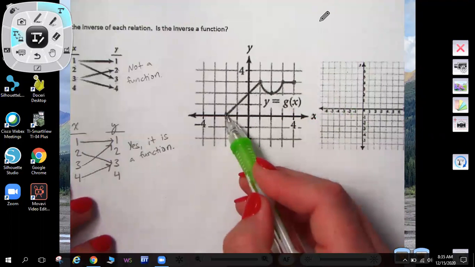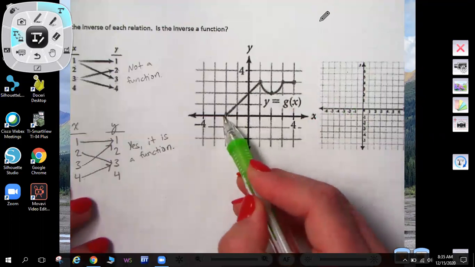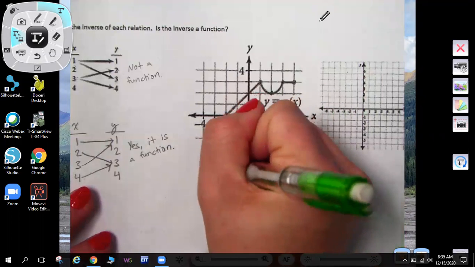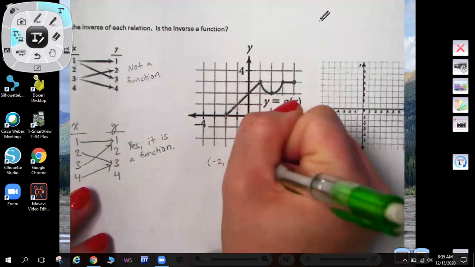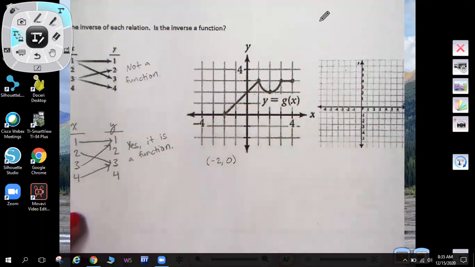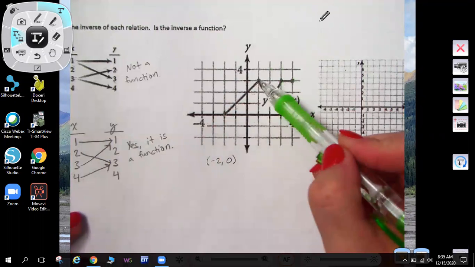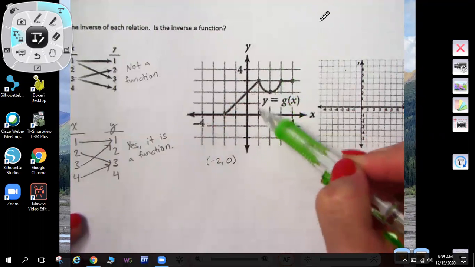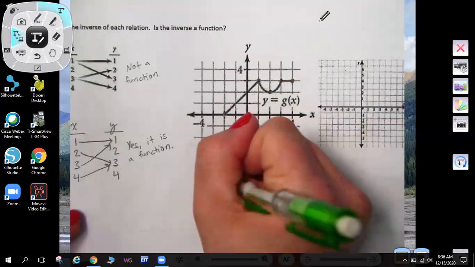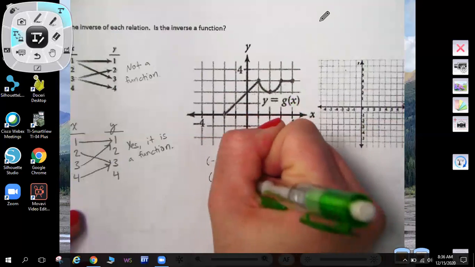So this point here has X value of -2, Y value of 0. So we have an ordered pair, -2, 0. This point has X value of 1, Y value of 3. So we've got 1, 3.